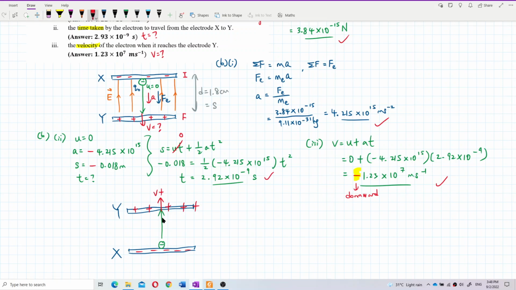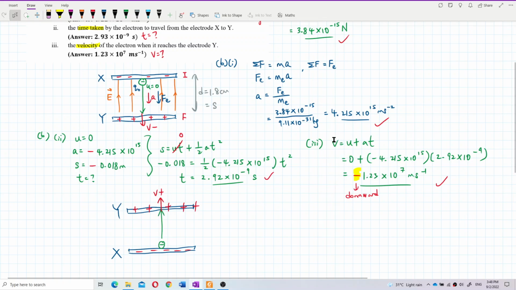Right now my electrode X is at the top, so that's why my final velocity is negative. But if you put electrode X at the bottom, then the final velocity of the electron is upward.